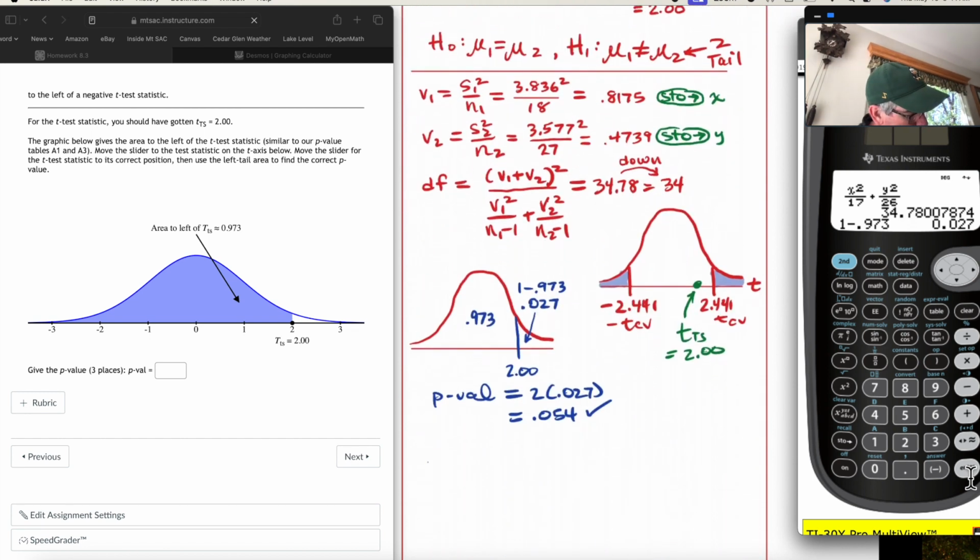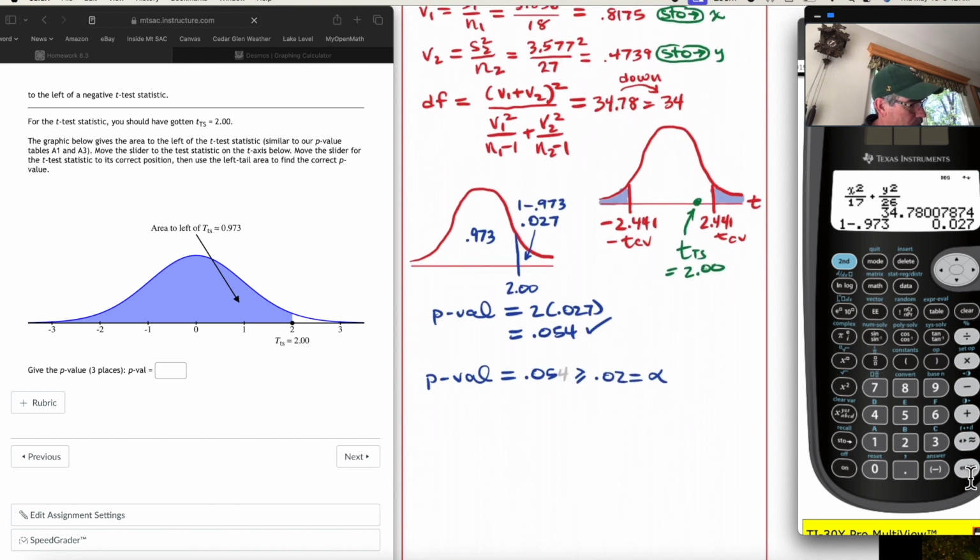So with the p-value of 0.05, and then focus a little bit less on the 4, just think about 0.05. This is greater than or equal to our alpha, which is 0.02.